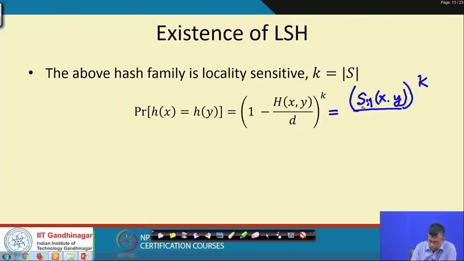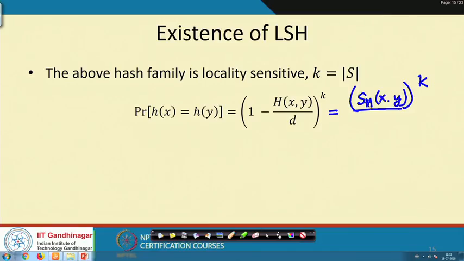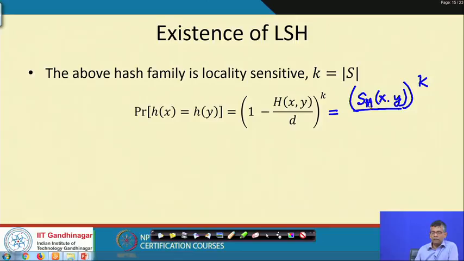So for any one coordinate, the probability that they are the same is s_h(x,y). So for k coordinates, the probability that all of them are the same across x and y is s_h(x,y) to the power k. Okay.